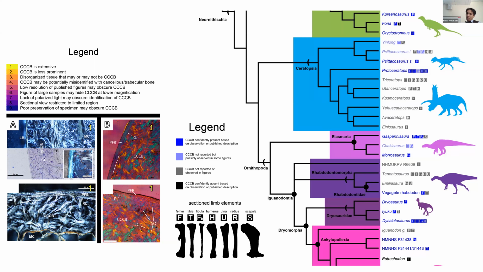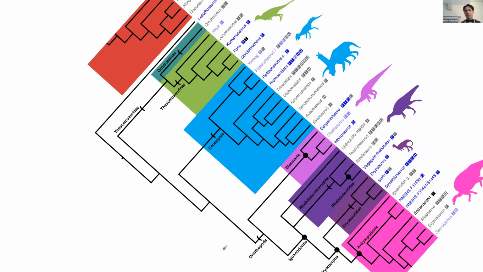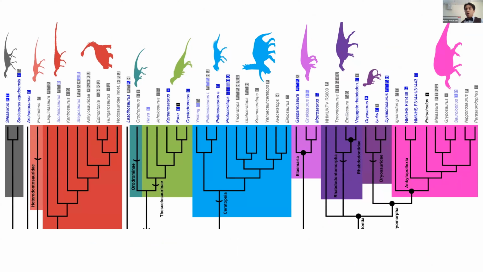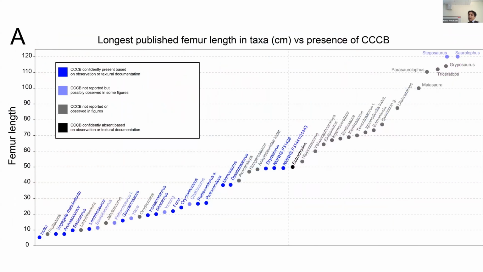So on the right here, you can see if the color of the dinosaur's name is blue or light blue, it means it has CCCB or possibly has CCCB, and those in gray and black, it is absent or was never mentioned or figured. Although there doesn't seem to be any phylogenetic signal to the distribution of CCCB, there does seem to be a size bias.